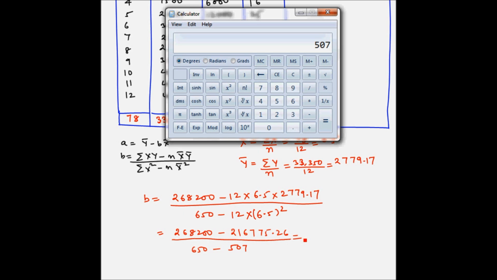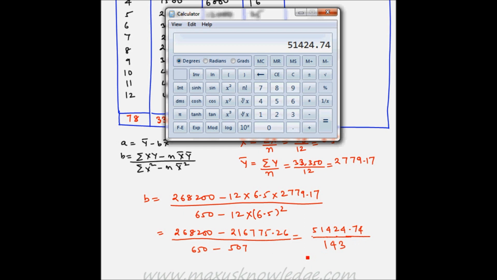So this is equal to 268,200 minus 216,775.26. So this is 51424.74 divided by 650 minus 507, which is 143.